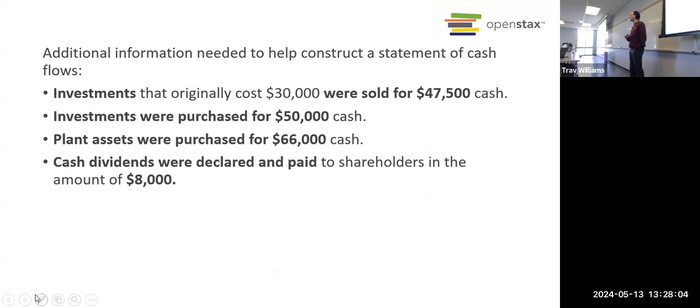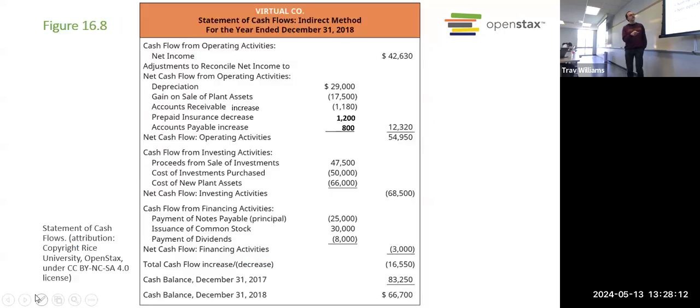We sold them for $47,500. So the difference is our gain of $17,500. And we have to reverse that gain. So you see cash here is going down, right? We always add back depreciation, you subtract gains.